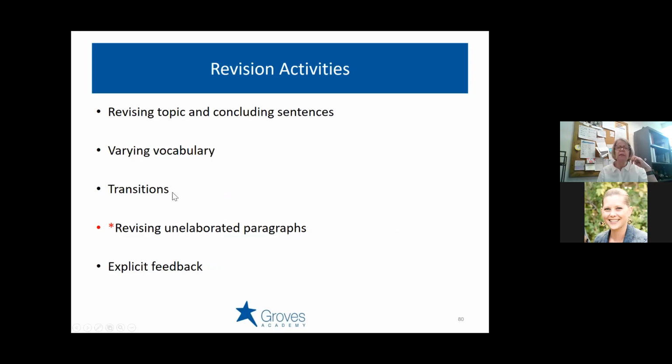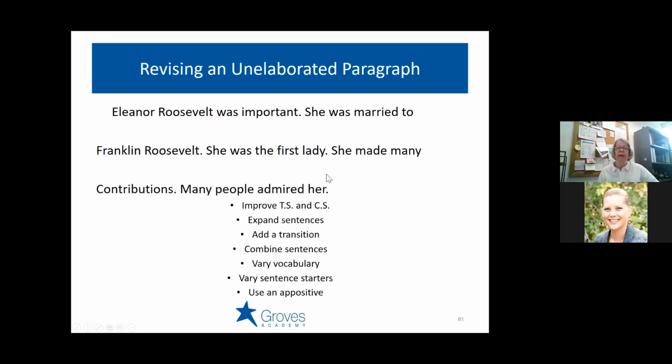Do you need to add transitions? A great way to do that, and this builds independence, is to give students a very brief, unelaborated paragraph and give them directions for revising it.